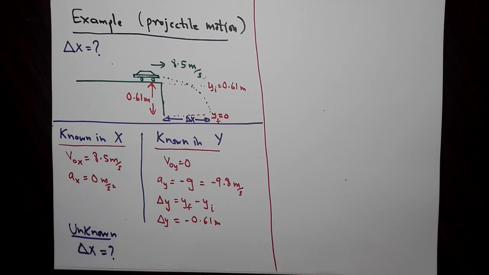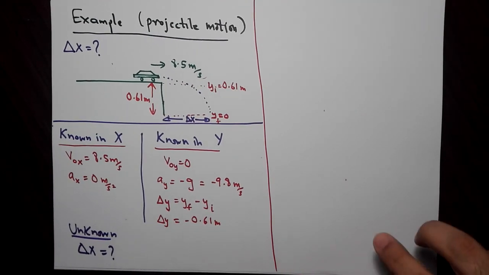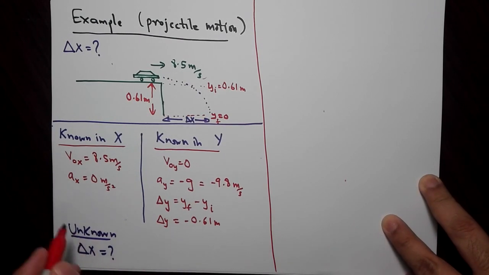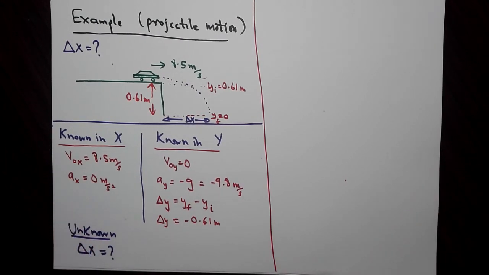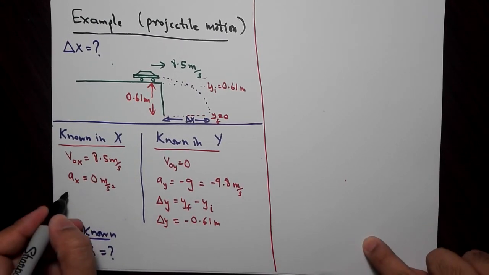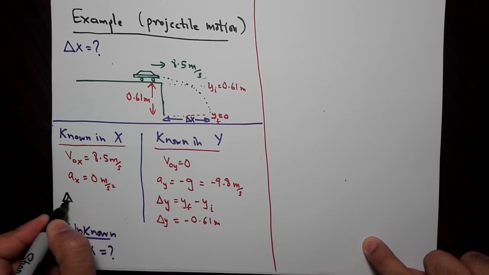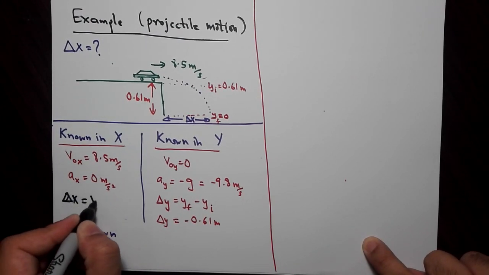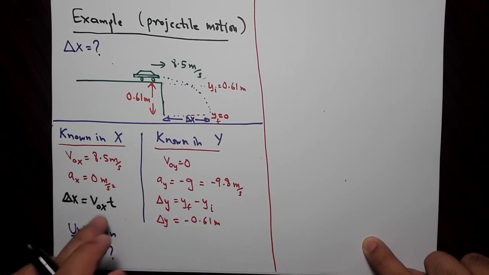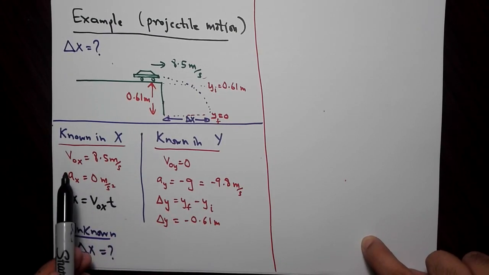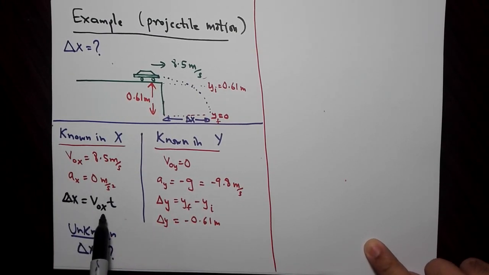Now, remember, for the x direction, there's only one equation that's useful. We said that ax is 0. This gives you that delta x equals v naught x times t. That's the only equation. So the question is, do we know v naught x? Oh, sorry, we know v naught x, that's 8.5 meters per second, but we don't know time.